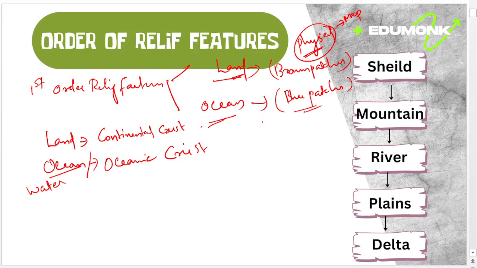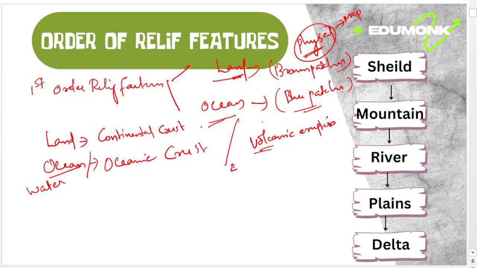Then how are these features formed? That should be the question. From different kinds of studies, the physiographic features on our Earth were formed as a part of volcanic eruption.